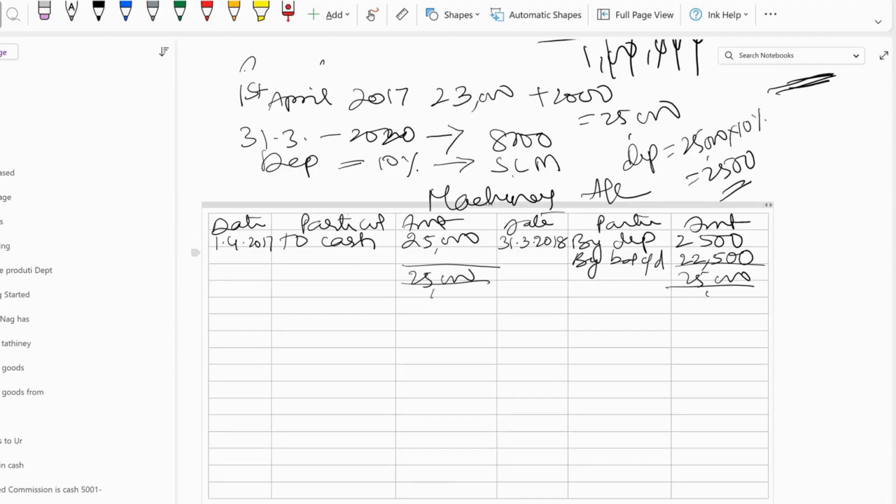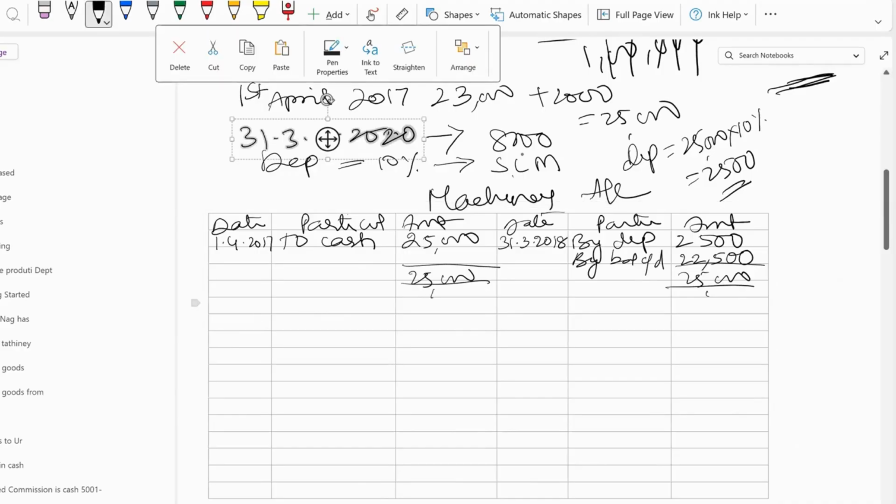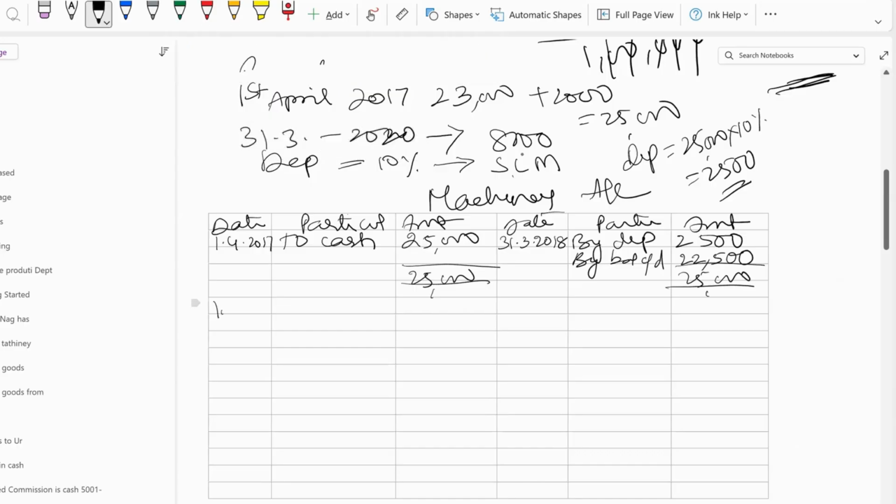Now from there, again next year. So we closed it on 31/3/2018, no? Now 1/4/2018 to balance brought down. How much is the cost of the machine now? 22,500. We used for whole year. Whole year means from 1/4/2018 to 31/3/2019 we used it. 1 year.